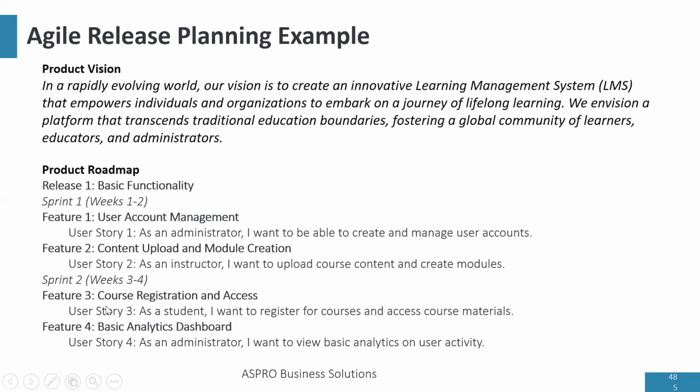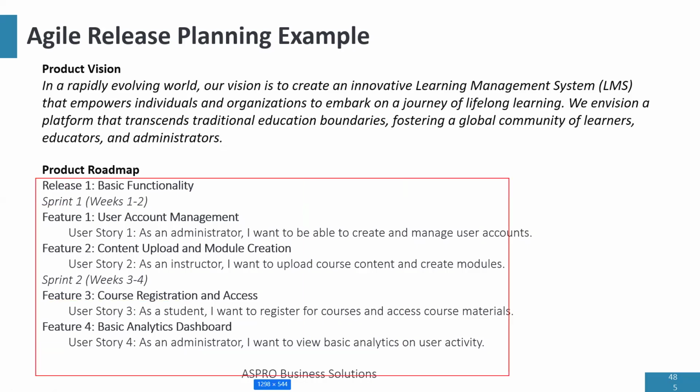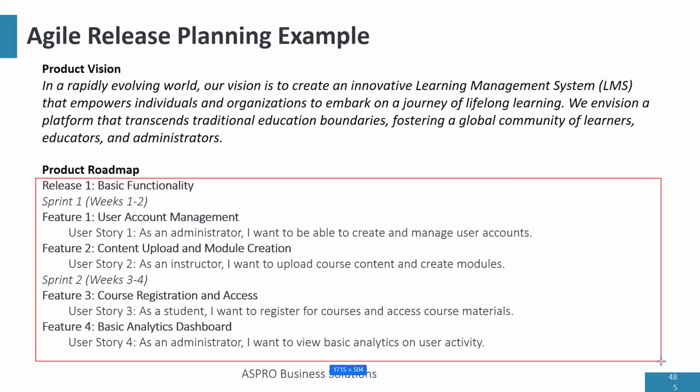Now, the reason we call it release is that is what is going to be released to the public. That means all this, when they are built, make up the first release. That means that's the first thing that your customers will be able to do, these 4 features.